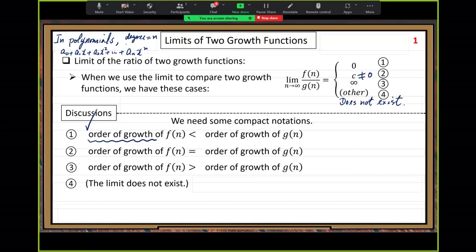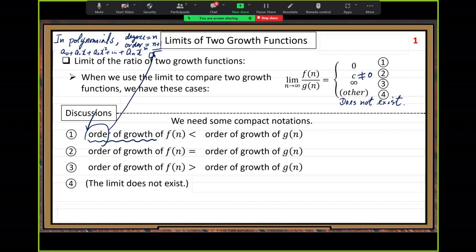Order is one more than the degree, n plus 1. So that's the concept in the polynomial context. But the order here is different from that order.